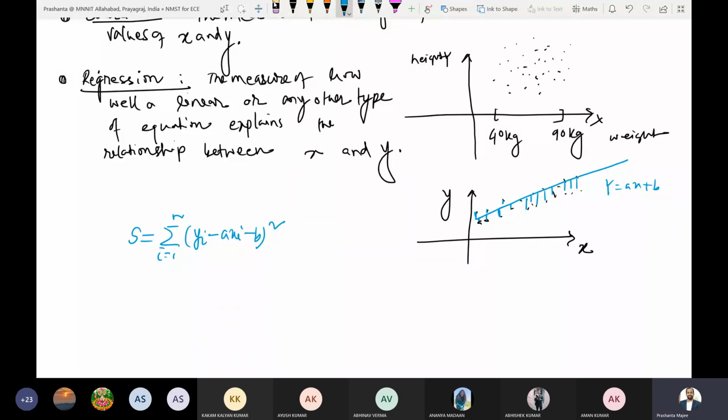This was the total error. Then we used calculus to determine the most suitable values of a and b by considering del S upon del a equals 0 and del S upon del b equals 0.